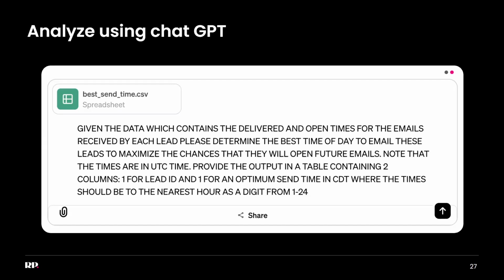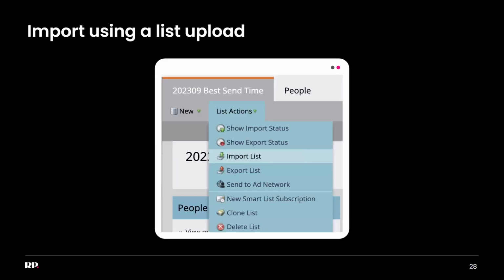That's my instance's time zone, so that's why I put that in there. And make sure to give it as a digit from 1 to 24. We'll be diving into this example more later on, so this is just a high level for now. But the last part of that is, once we have that best send time for each lead in our database, we can simply do a list import to bring that best send time into Marketo.